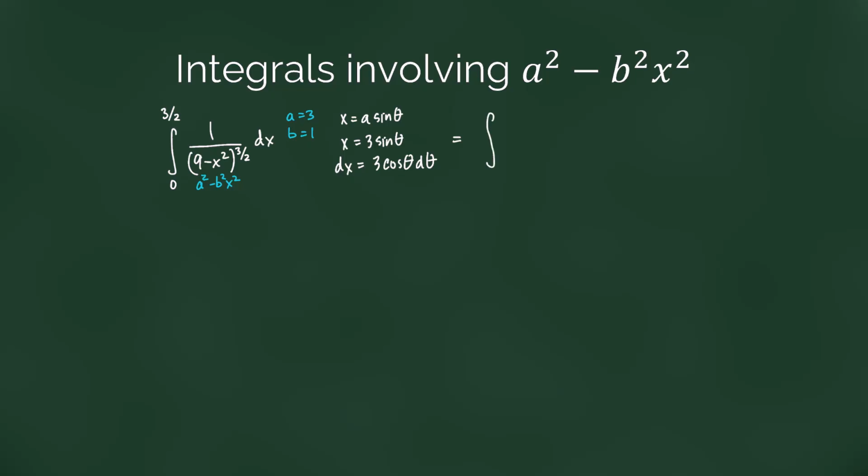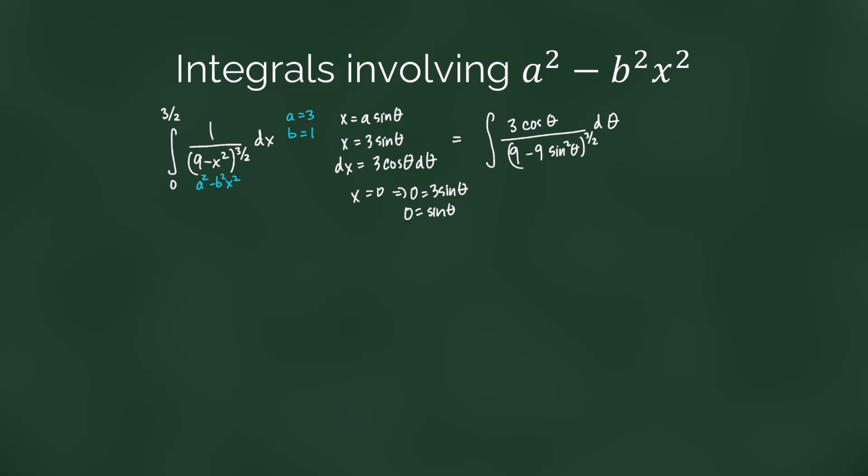So now we have the integral of 3 cosine theta all over 9 minus 9 sine squared of theta to the 3 halves power times d theta. We need to consider our new limit. So when x is 0, that means that 0 is equal to 3 sine theta, which means that the sine of theta must be 0.